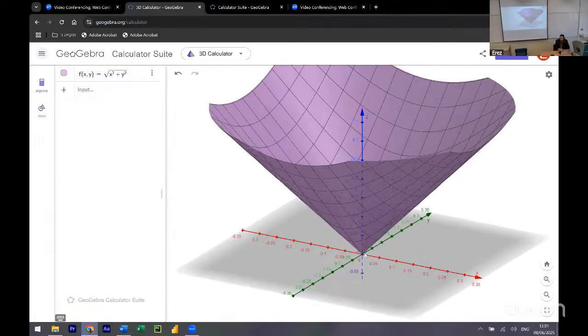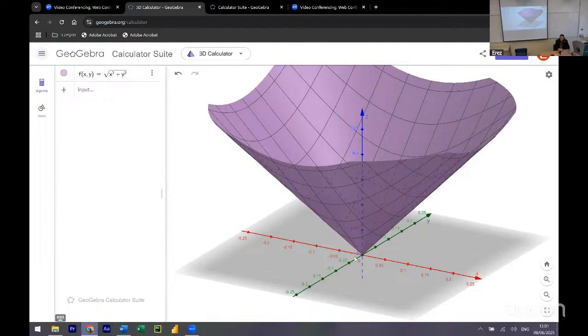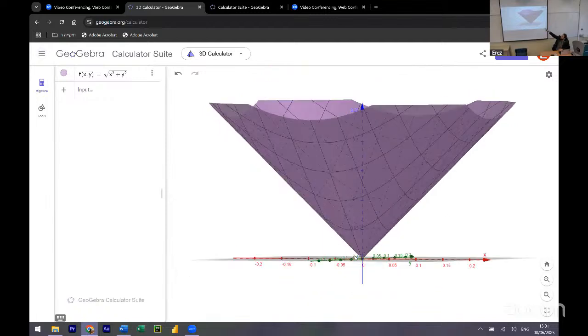It's not differentiable. What does it look like when you look at it like this? Like which function? The absolute value, because that's the generalization of the absolute value. It's like the absolute value rotated around the z axis. So that's non-differentiable.